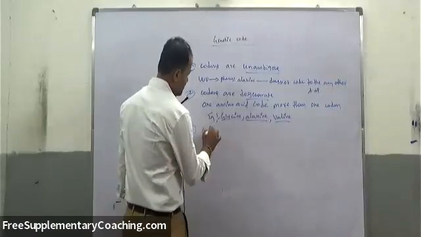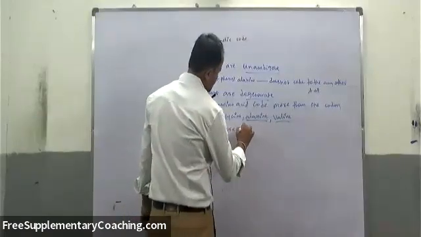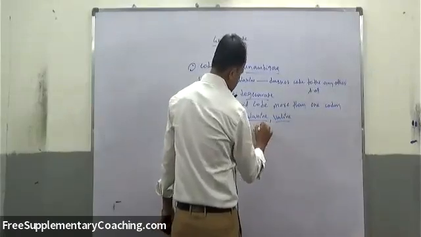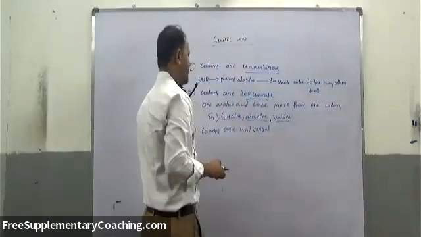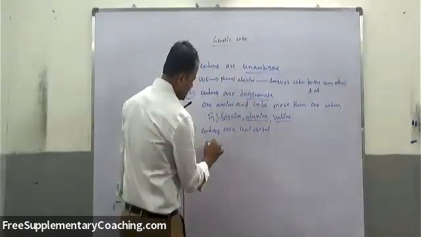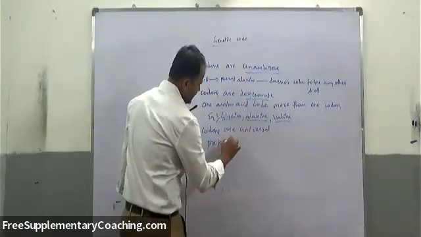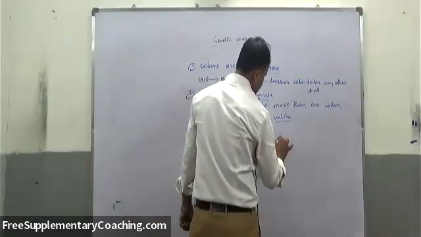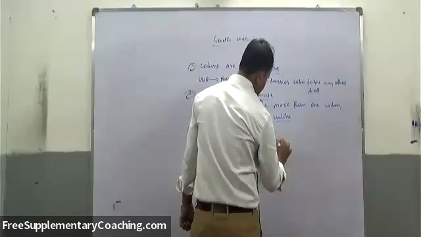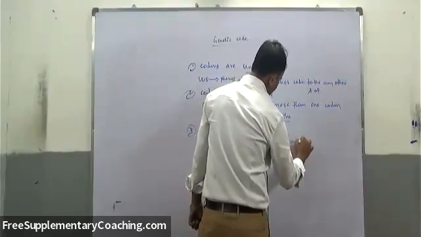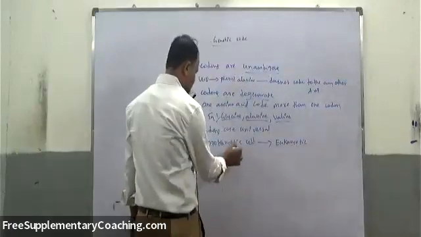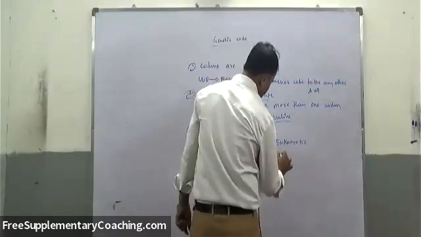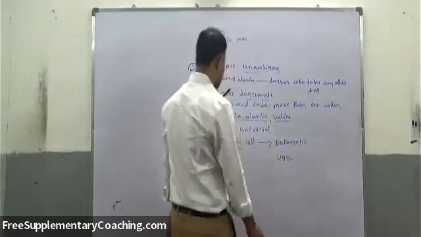Then next one, codons are universal. For example, in a prokaryotic cell, triple U codes for phenylalanine, and in a eukaryotic cell, triple U also codes for phenylalanine.